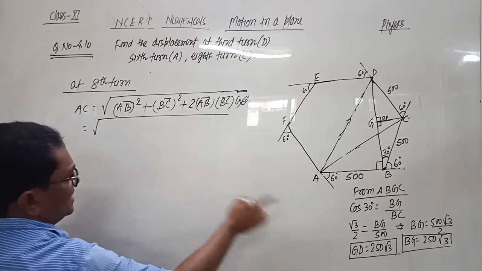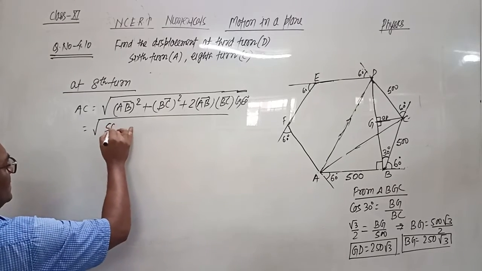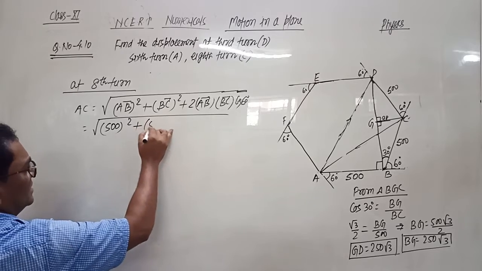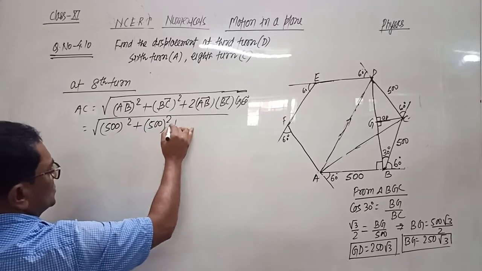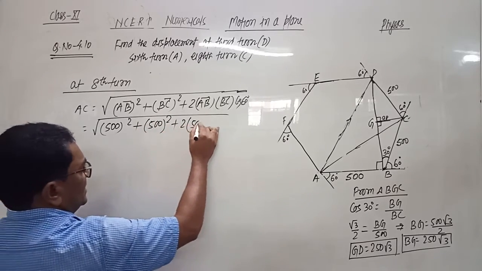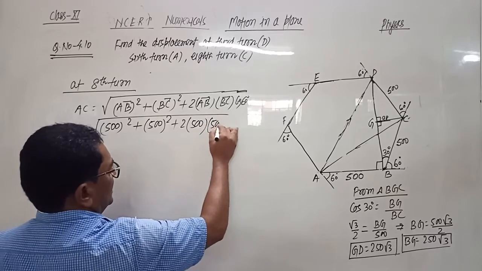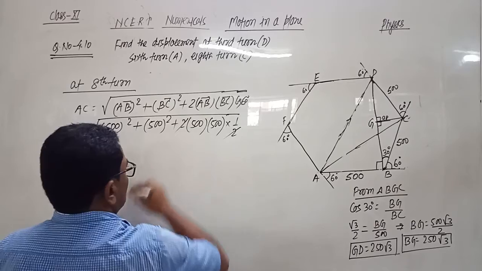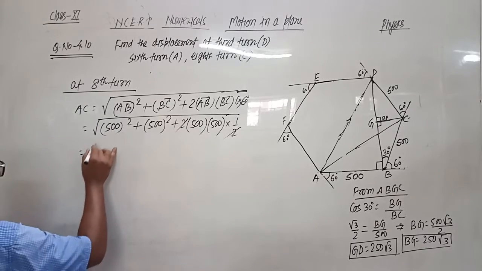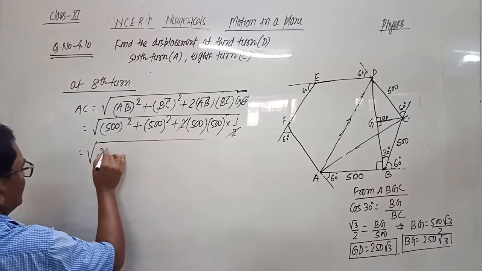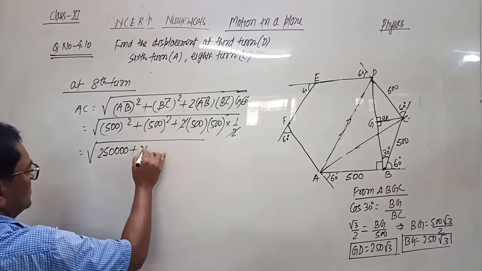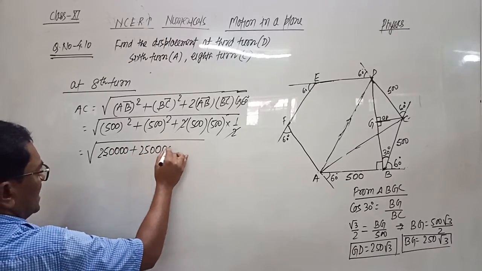The value of AB is 500, so 500 squared, BC is also 500, plus 2 into 500 into 500 and cos 60 degrees, which is 1/2. So the 2 and 2 get cancelled and we get root over 5 into 5 is 25, 4 times of 0, plus 25, 4 times of 0.